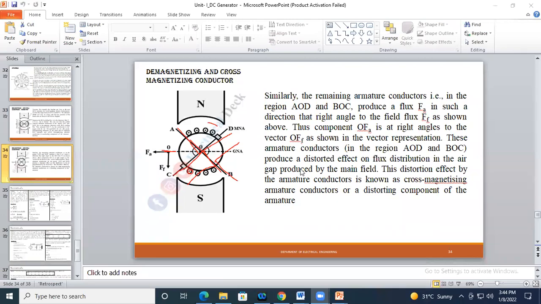Yes, sir. Okay, is there any doubt in this section, that is armature reaction, remedies to overcome the armature reaction, and demagnetizing and cross magnetizing armature conductors? Does anyone have any problem in this? No. Okay.